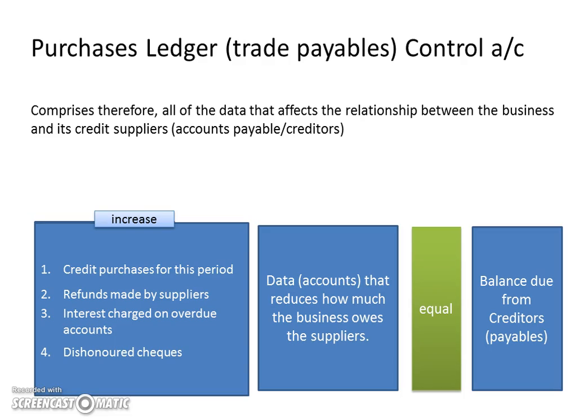Increased charges due to overdue accounts. Now, if they charge me for not paying on time, that would also send up my balance. And similarly, if I write a check but I have no money, then technically I haven't paid them either. So therefore, that would drive up the balance, or at least the balance does not go down.